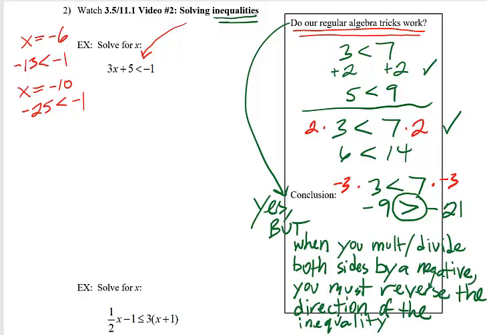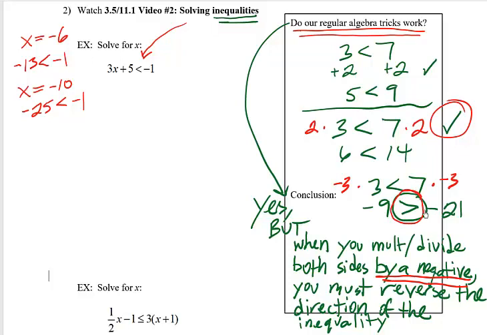The key words are by a negative. If you multiply or divide by a positive, that's fine. We tried that up here. But when you multiply or divide by a negative, you've got to reverse the direction of that inequality.